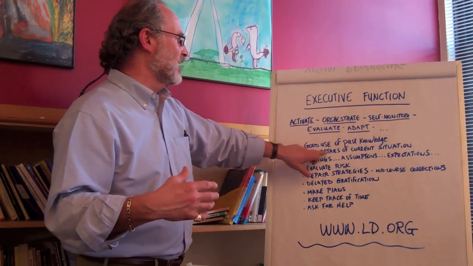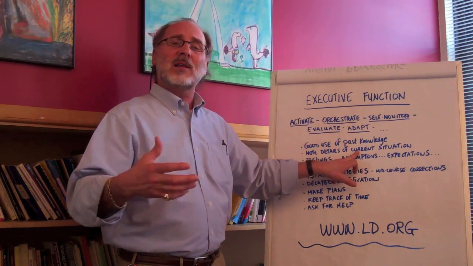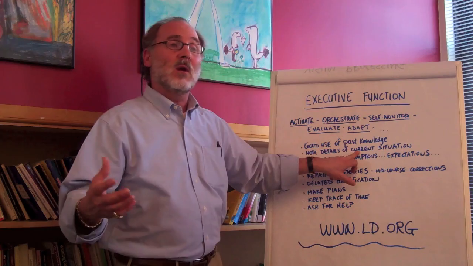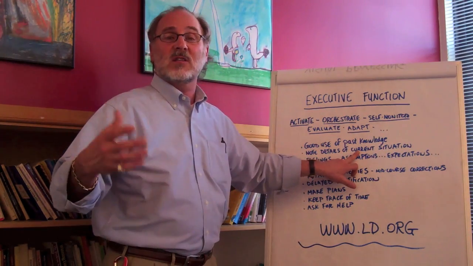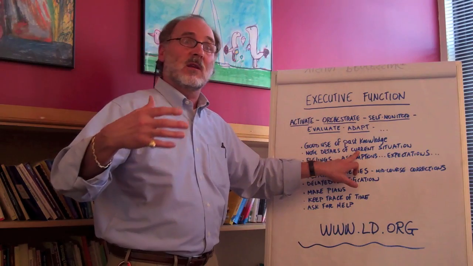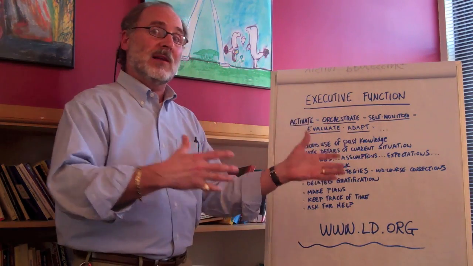You also need to note the details of the current situation. You need to ask yourself, for example, what is it that the assignment is asking me to do? What particular questions do I need to answer? How long does this particular set of activities need to be? What is the final product going to look like? How am I going to get from here to there?